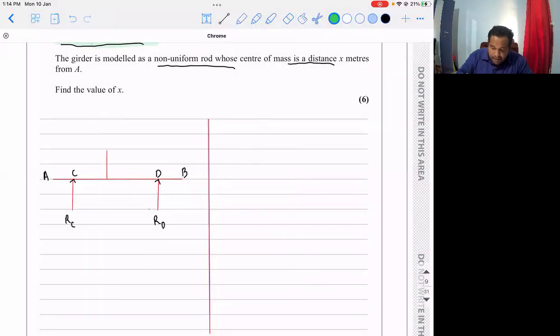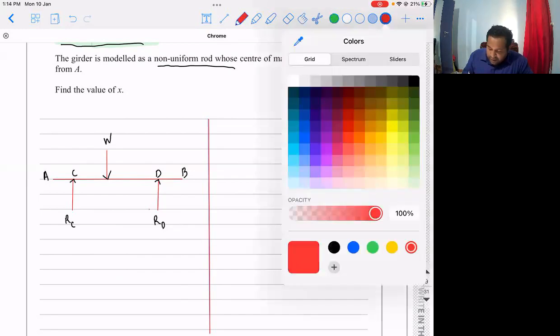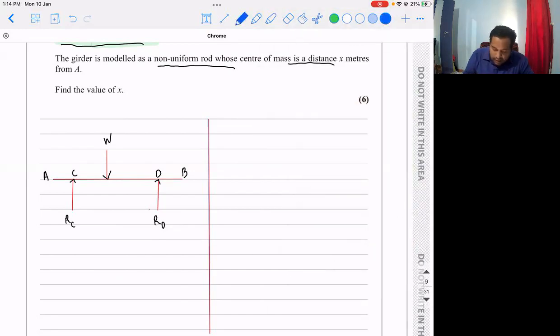Whose weight is W. Since the girder is not uniform, it is x distance away from that. I will also mark the distance. The distance between W and A is x.